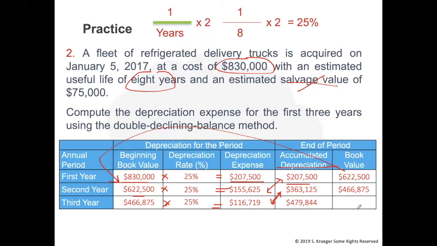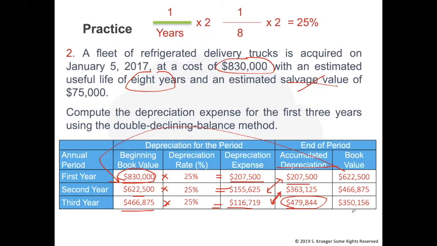The final book value would be either 466,875 minus the current depreciation, or the full beginning book value minus the total accumulated depreciation. Like I said, you get the same answer, so just do whatever you feel comfortable with. Your total would be $350,156. You would continue doing this for 8 years.